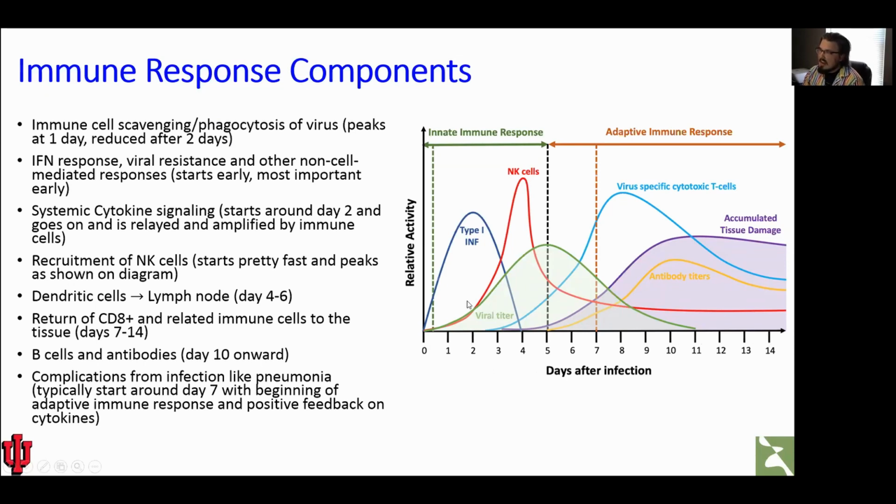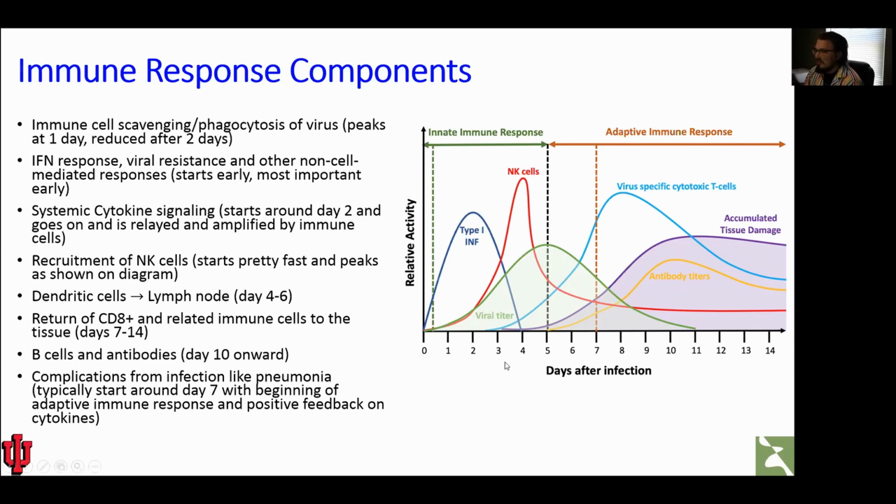So the early innate response, which occurs typically in the first 5 or so days, tends to begin with immune cell scavenging and phagocytosis by macrophages. And this can occur pretty much immediately and lasts through the first couple of days.